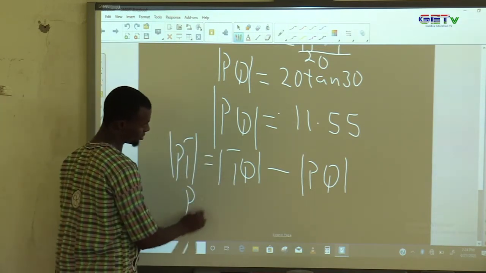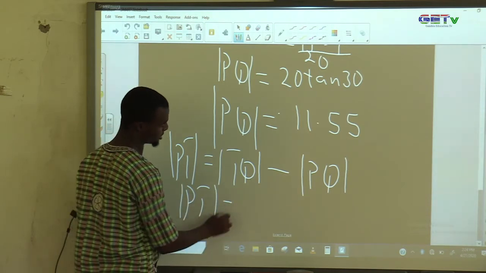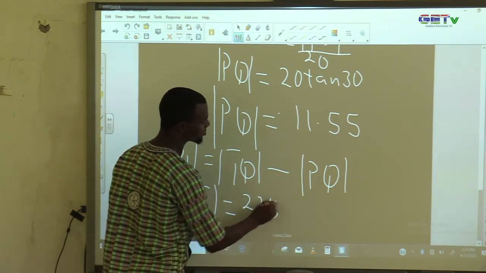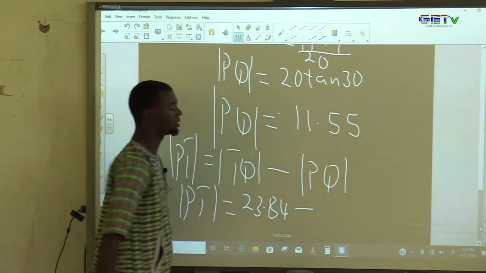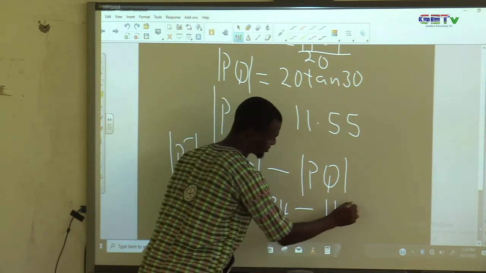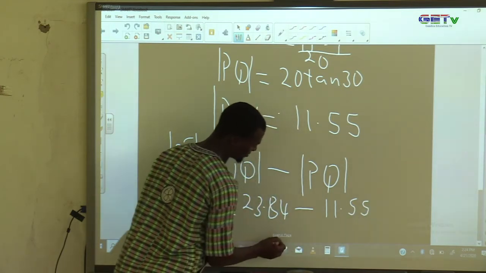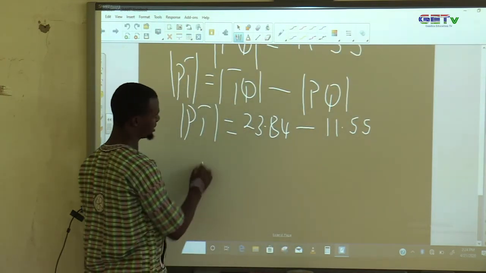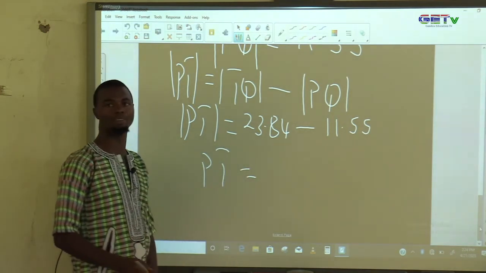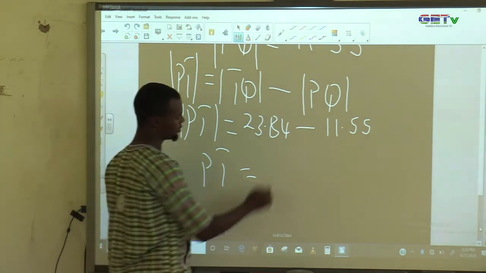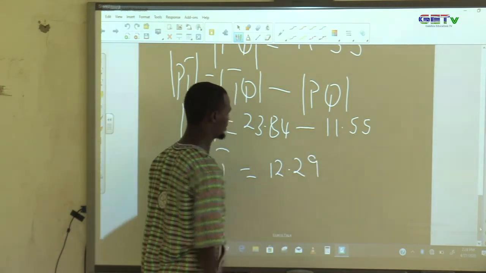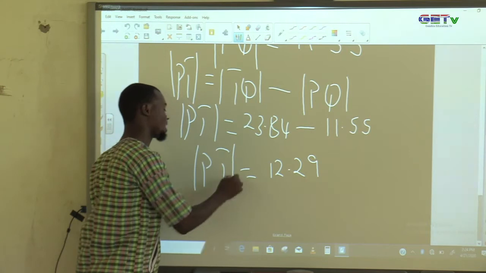So the distance PT is equal to TQ, which is 23.84, minus PQ, which is 11.55. So our PT is equal to 23.84 minus 11.55, which is 12.29. So this is our distance, the side PT.